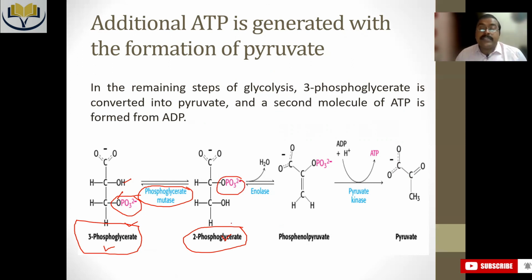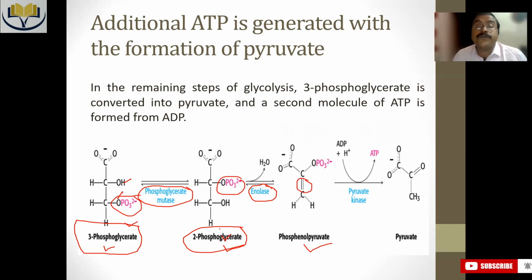Fine. The second reaction is the conversion of 2-phosphoglycerate to phosphoenolpyruvate by an enzyme named enolase, which can also be known as a hydrolase enzyme. So it introduces one double bond inside the component.